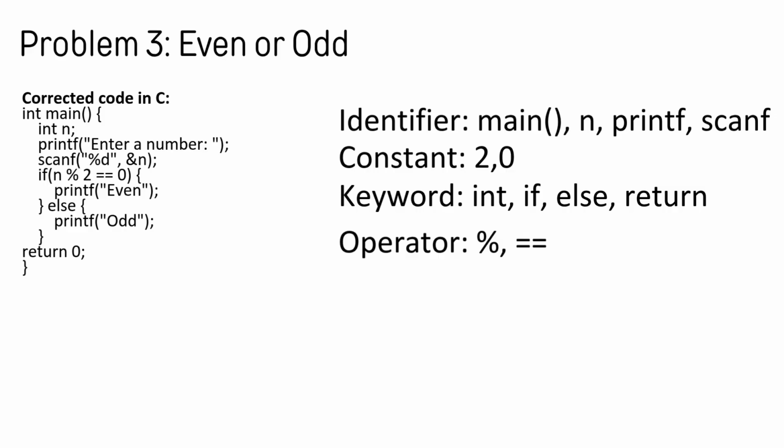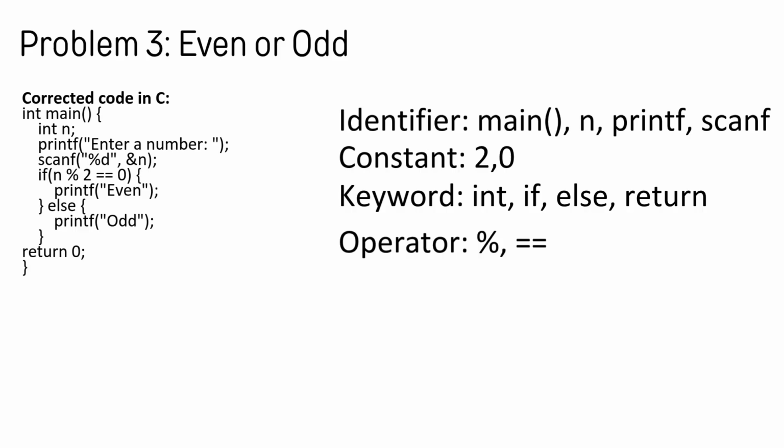This printf is an identifier because this is a built-in function name. Again, the scanf function just takes input from the user, and it is also a library function of stdio.h. That's why scanf is also an identifier. Then if, small letter if, is a keyword, and it is used when we check any conditions.